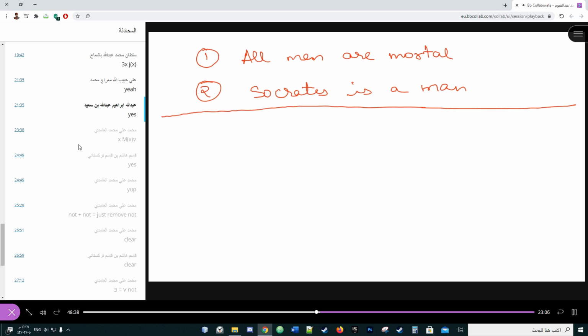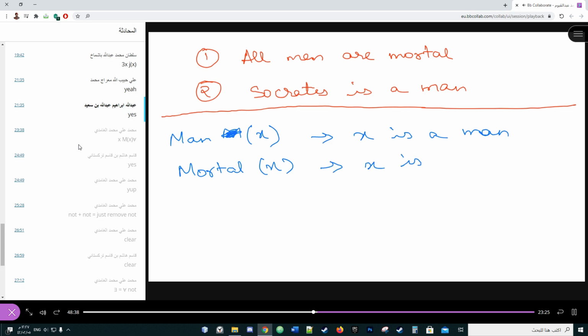So I'll call m of x, which means x is a man. I'll just write this as man of x: x is a man, and mortal of x: x is mortal. So we have x is a man, x is mortal. So we have two functions that we defined.